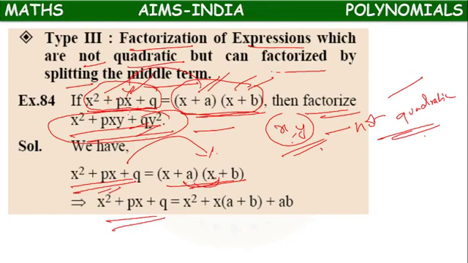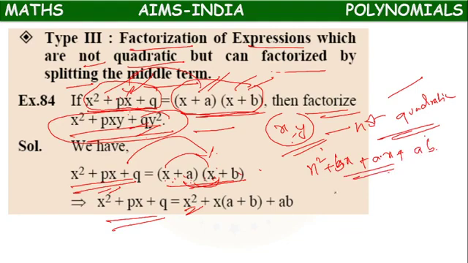We will multiply the factors: x into x, x square, x into a, ax, again x into x, x square, x into b, bx, with a into x, ax, a into b, ab. Like this 4 terms we are getting.